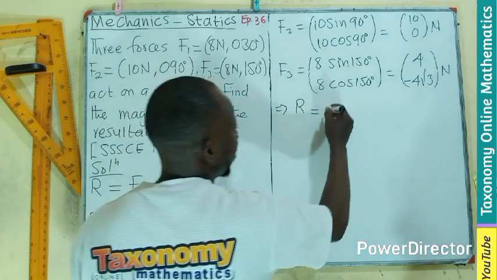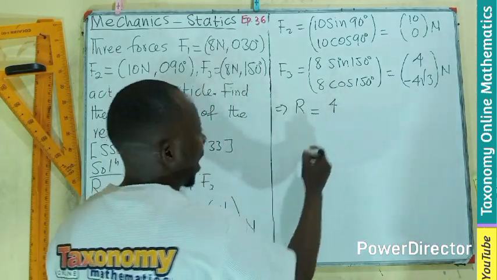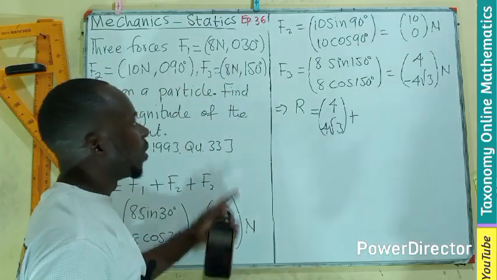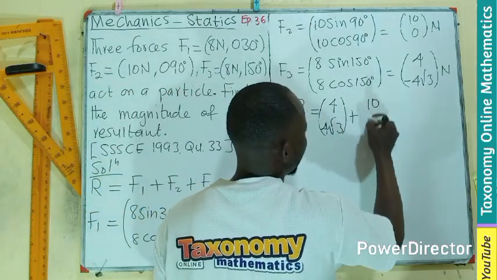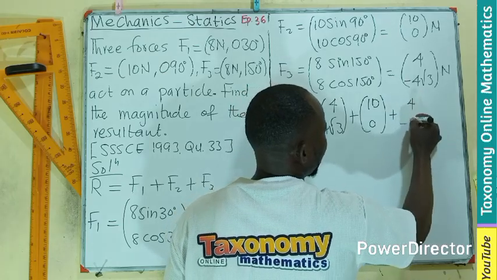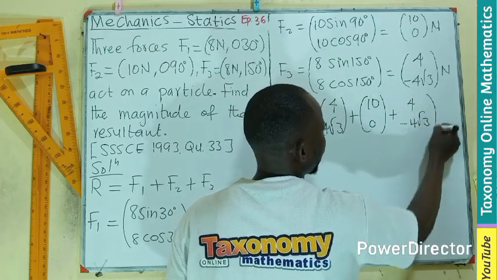So our resultant force is going to be: force 1 is 4, 4 root 3, plus force 2, which is 10, 0, plus force 3, which is 4, negative 4 root 3.